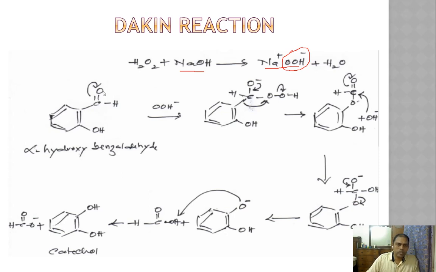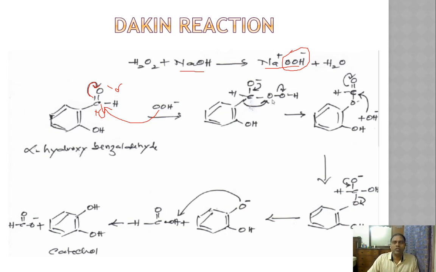Here what happens, this carbonyl oxygen, oxygen is electronegative. It's going to attract these bond electrons towards it because of the electronegativity, right? Then this is going to be partially negative, and because of that, this carbon is going to be partially positive. Because it is partially positive now, this peroxide ion is going to attack on this carbon, right?